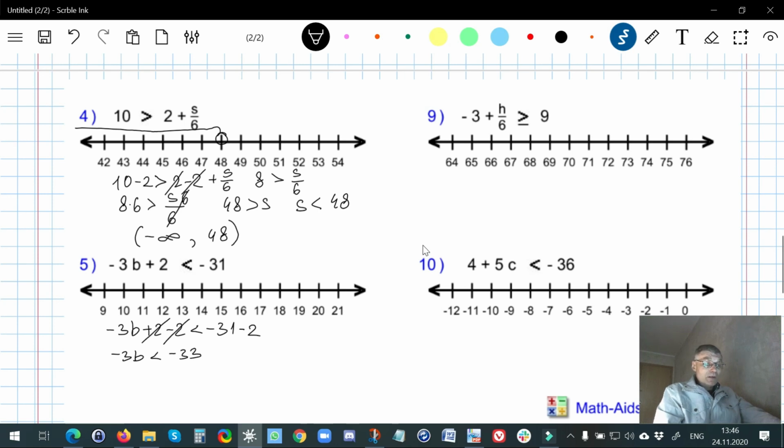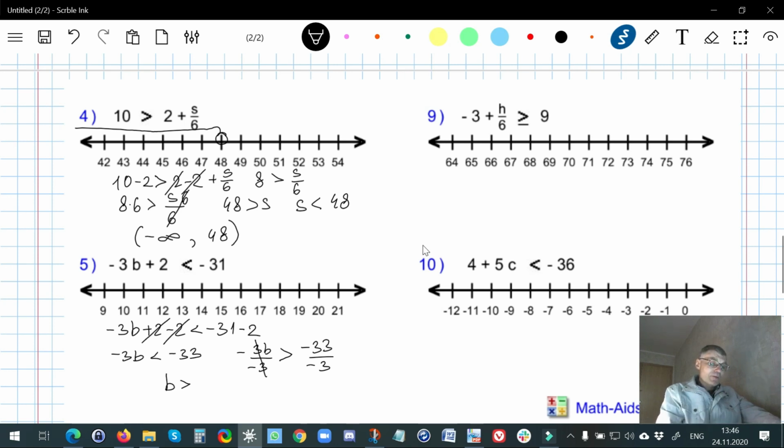And then I divide negative 3b over negative 3. I was too fast. I controlled myself. I have to change the sign because I am dividing by a negative quantity. And here negative 3 cancels, and negative 33 divided by negative 3 gives me just 11.